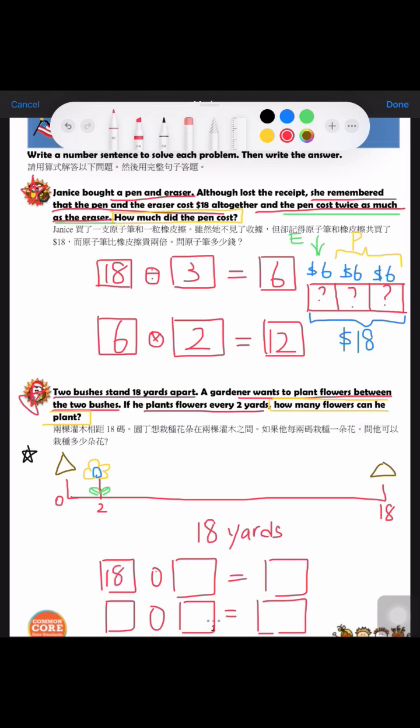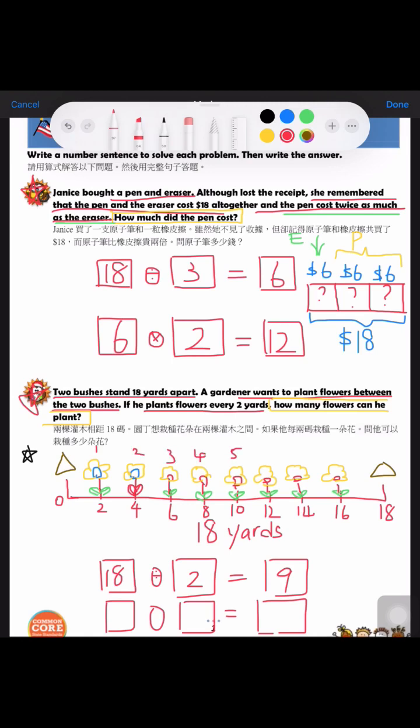So it is 18 yards apart, and we plant every 2 yards. So 18 divided by 2 equals 9. Now we try to draw the flowers and see if he can plant 9 flowers. Let's see how many flowers we can draw. 1, 2, 3, 4, 5, 6, 7, 8.